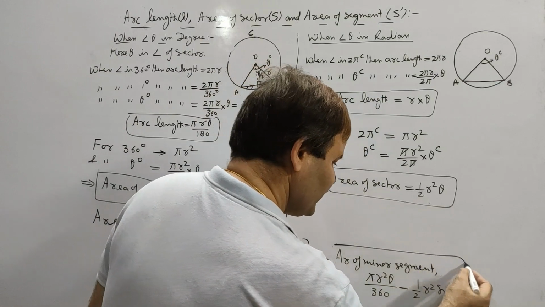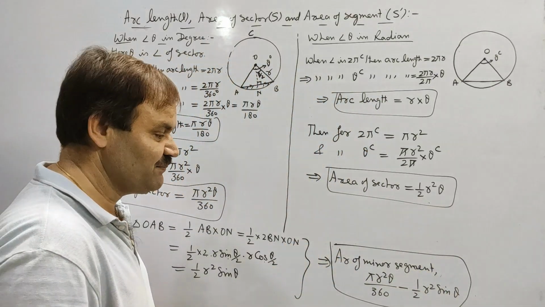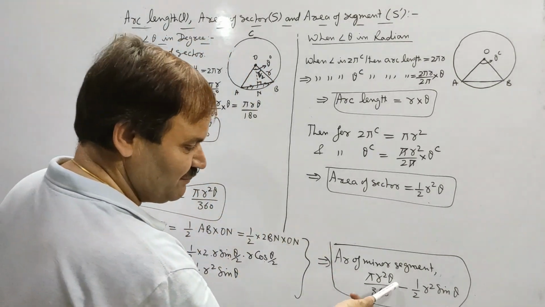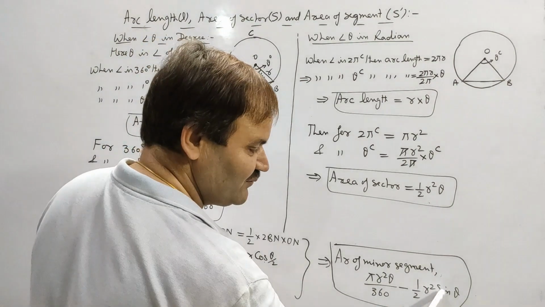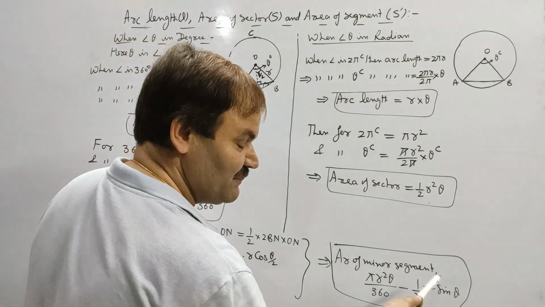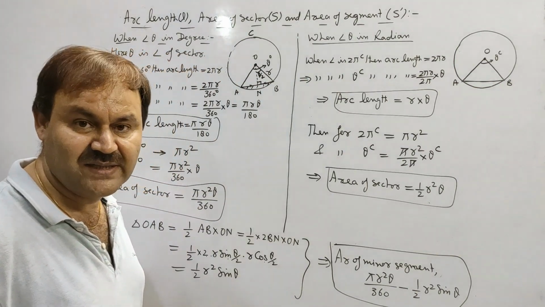This is the required formula for area of minor segment. When angle theta is in degree, then pi r square theta upon 360 minus half r square, and value of sine of angle theta will be measured from table using theta in degrees.